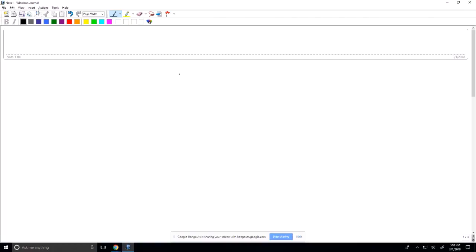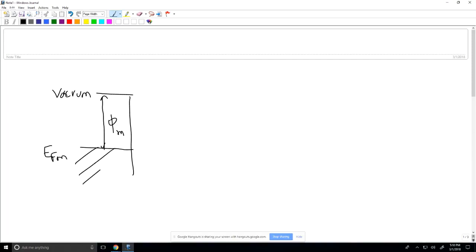Okay, so let me get my notes. So here is my metal. This is my vacuum level, EFM, and this is my work function for the metal. All of these energy states are full.